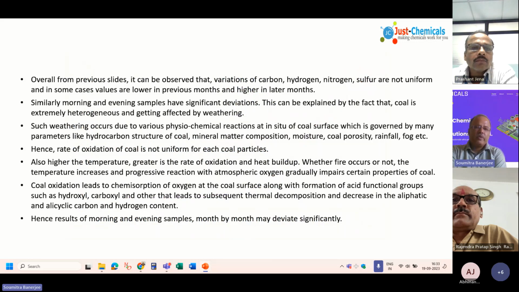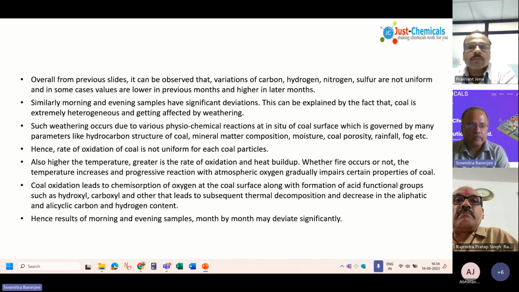Overall, from the previous slide, you can observe that the variation in carbon, hydrogen, nitrogen, sulfur is not uniform. In some cases, values are lower in previous months and higher in later months. Similarly, morning and evening samples also have significant deviations, which can be explained by the fact that coal is extremely heterogeneous.